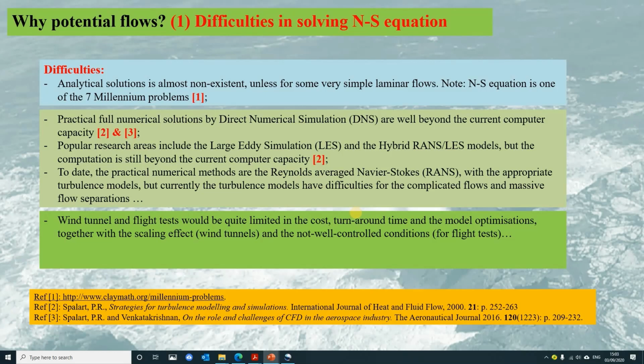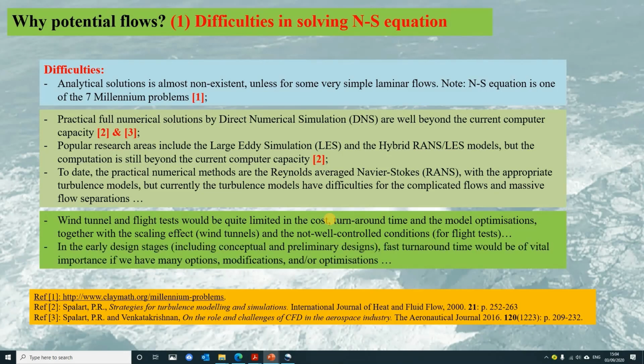For solving fluid dynamic problems, wind tunnel and flight tests might be a choice, but they are quite limited due to cost, turnaround time, and model optimizations. In addition, we might have a problem with scaling effects for the wind tunnel test, or a poorly controlled condition for the flight test.